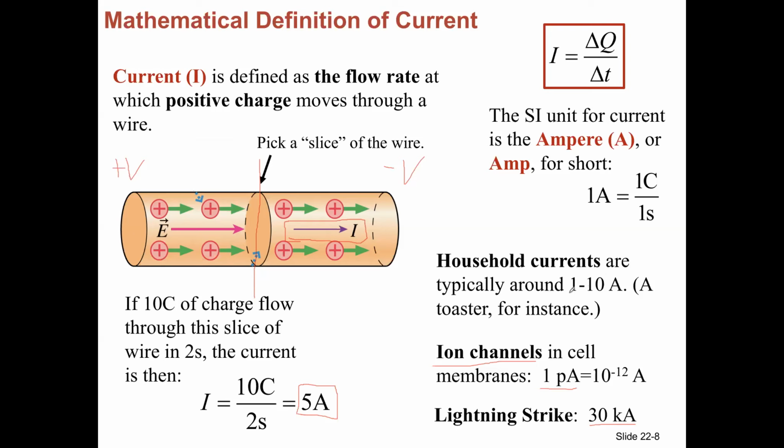The unit of amp is really coulombs per second. This unit was invented to discuss currents for things like big household appliances, so the normal range of numbers falls for things you would see in your kitchen.